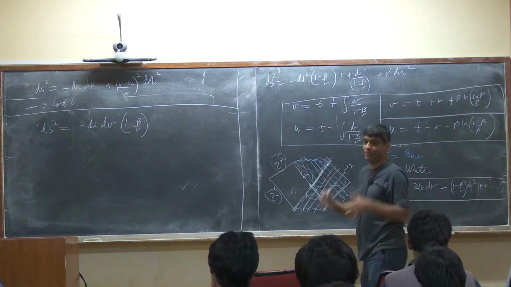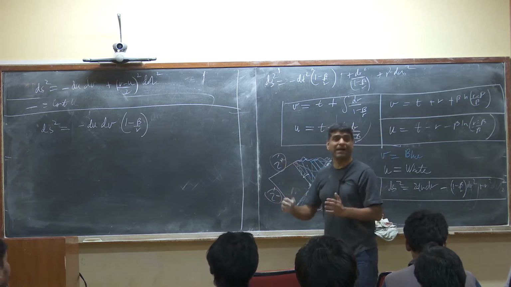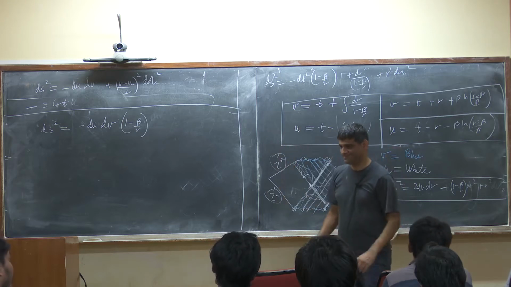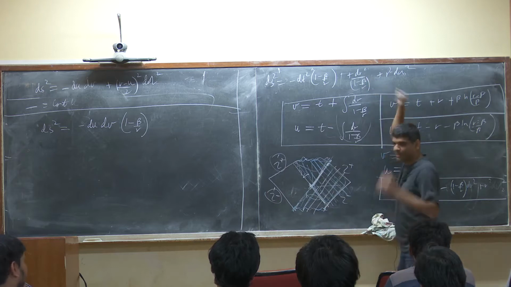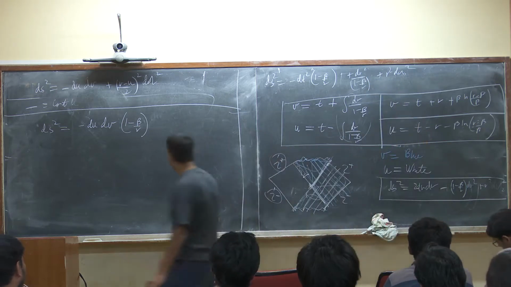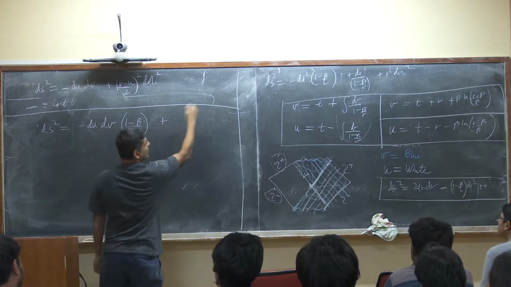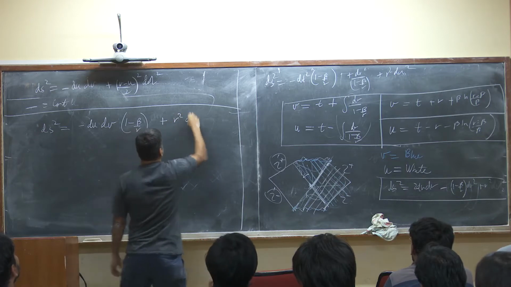So here I'll get 1 minus beta by r into dr by 1 minus beta by r, the whole thing squared. So one of the 1 minus beta by r cancels, and we get dr squared by 1 minus beta by r. Clear? Plus r squared d omega squared.